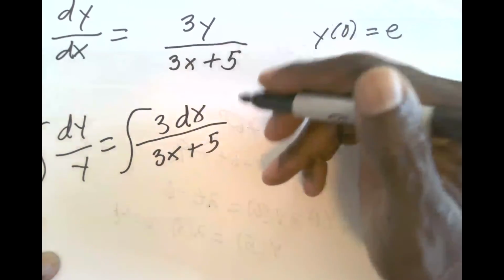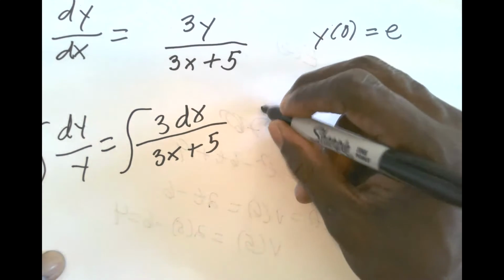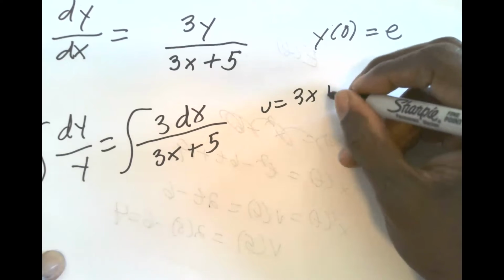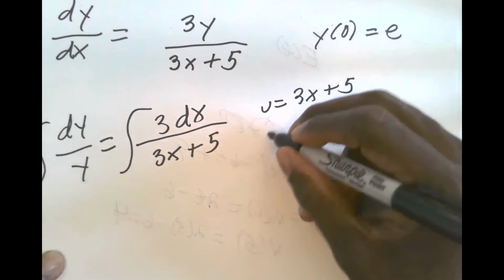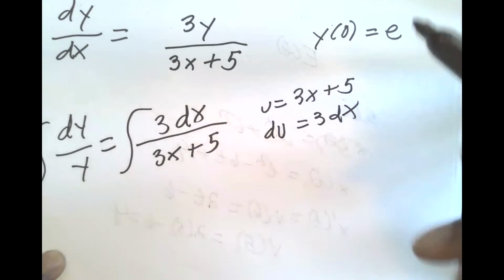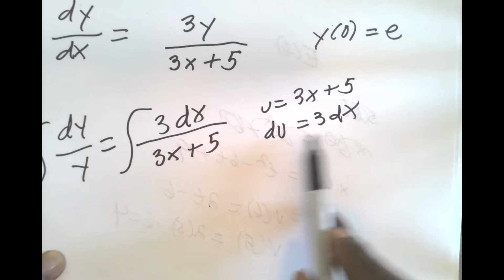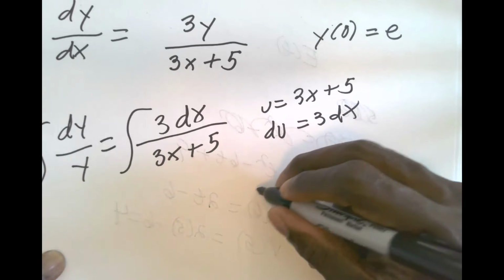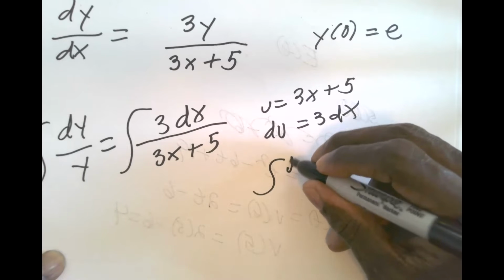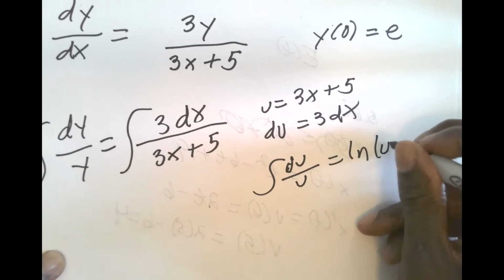This integral here is a little basic u substitution, if you will. So let's say I let u equal 3x plus 5. That means du would equal 3 dx. And so you can see here, this would be u and 3 dx would be du. So in essence, I'm integrating du over u, which of course is ln u.